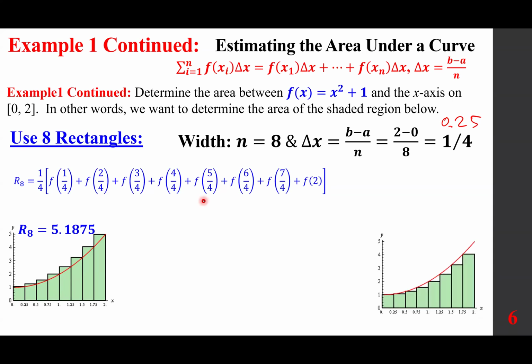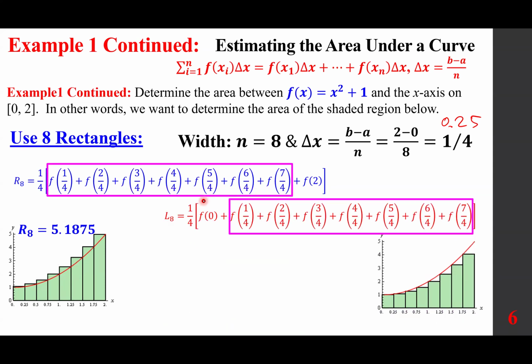We repeat the same thing for the left endpoints. And again, notice most of it is identical. So when you're doing it by hand, for this one, you need f of 2. That means f of b. For this one, you need f of 0. That means f of a. The other ones you don't repeat. You get the answer. And therefore, when n is 8, the area is between these two, 4.1875 and 5.1875.